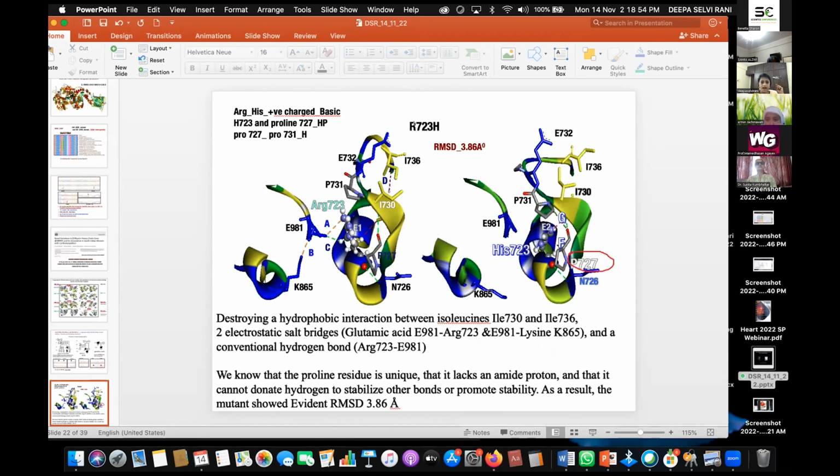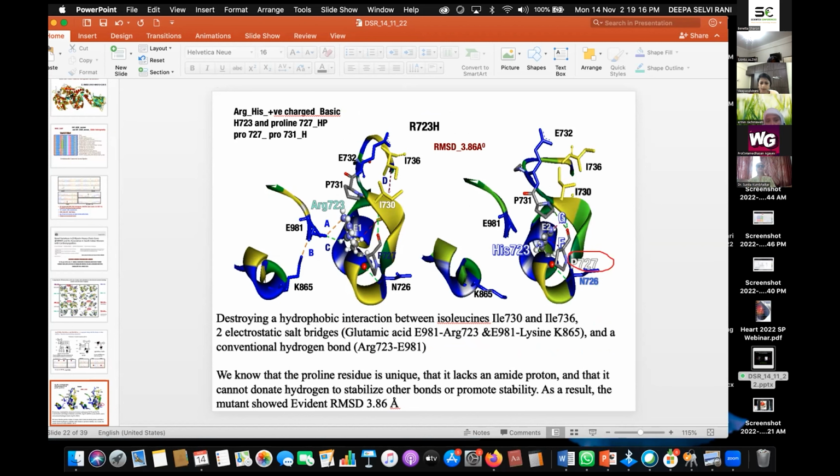Let's see this arginine to histidine. Here, when I made this homology model, I studied the non-bonding interactions for this mutant. I understood that this histidine forms one more hydrophobic interaction with proline 727.